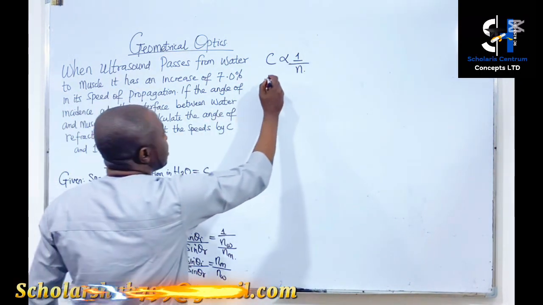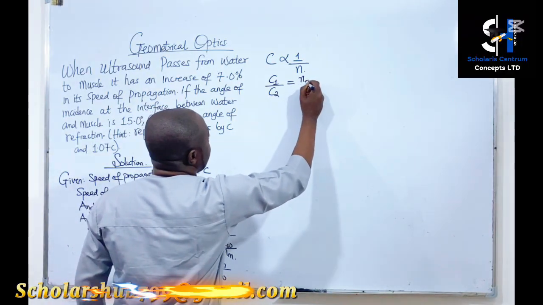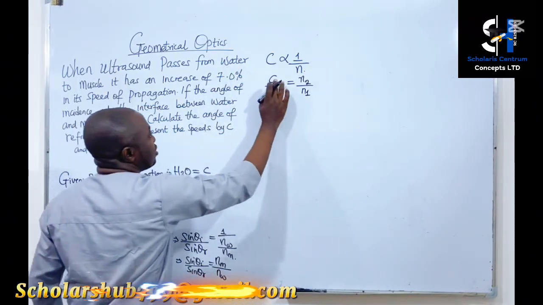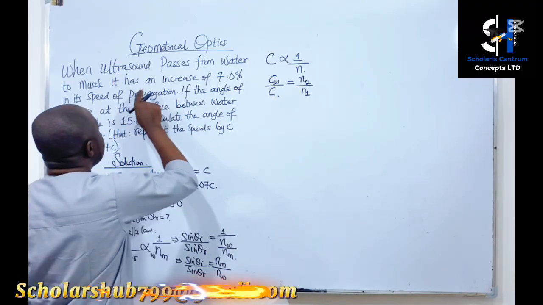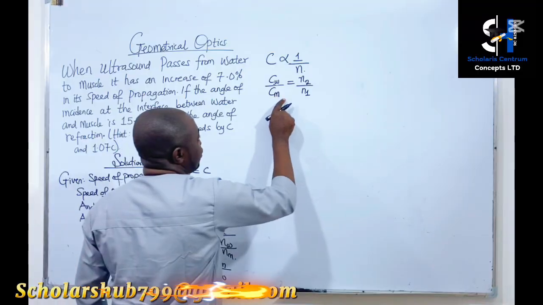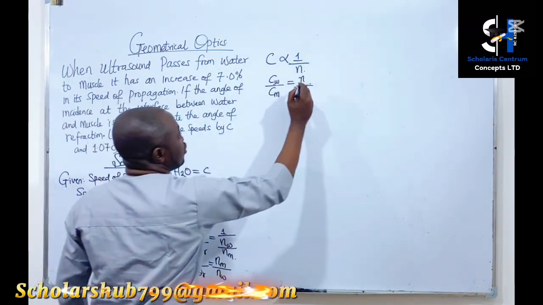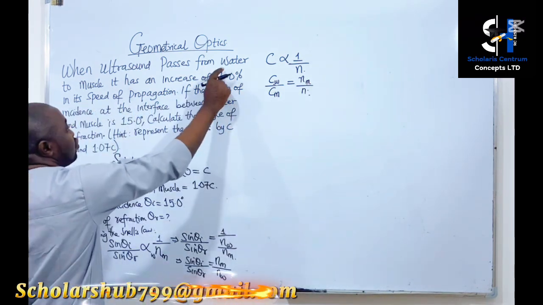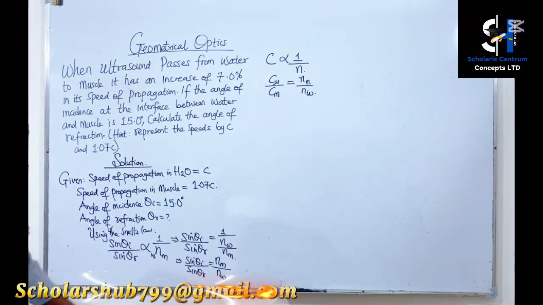So C1 over C2 equals N2 over N1. Because the first medium is water, this will be C subscript W, and because the second medium is muscle, this will be C subscript M. Likewise, N subscript M for muscle and N subscript W for water.